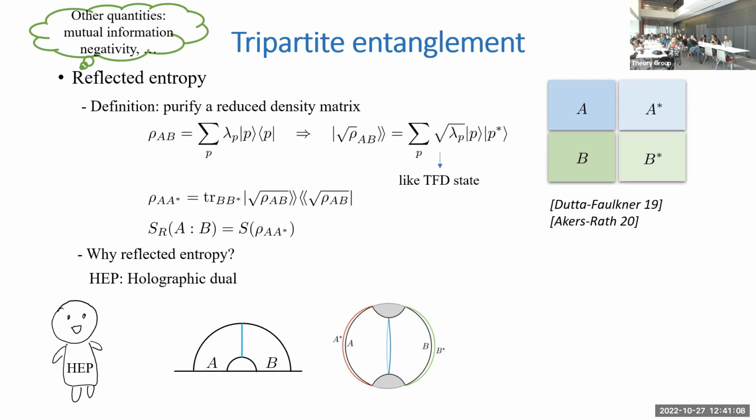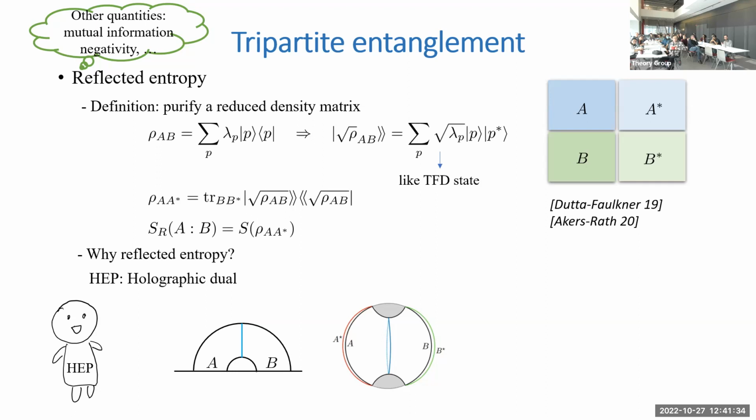Is that description basis independent? Actually, because we haven't specified what the basis is on the second Hilbert space, roughly speaking, on the second Hilbert space you can choose any basis you want.